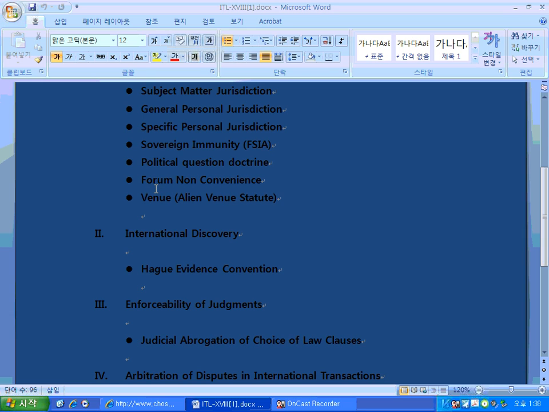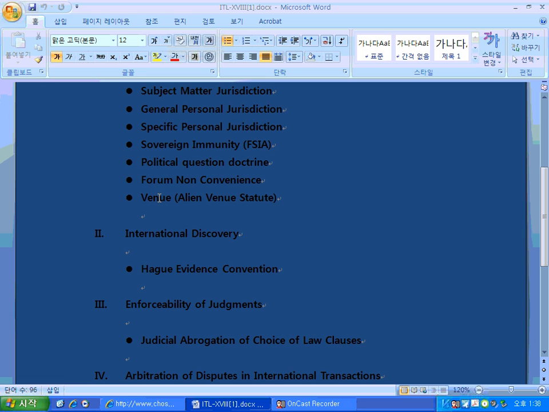For example, the standard form AAA now encourages use of mediation as an alternative resolution.